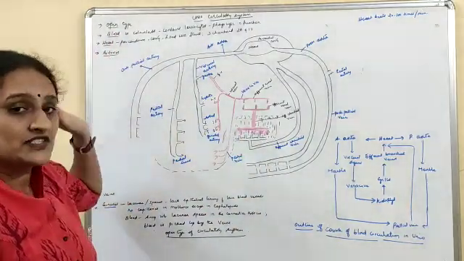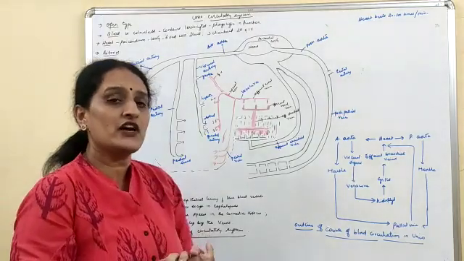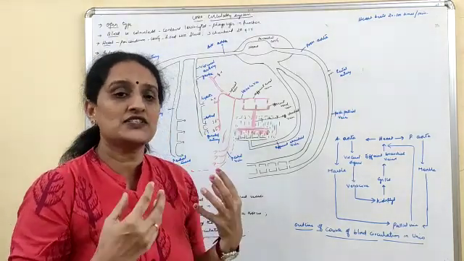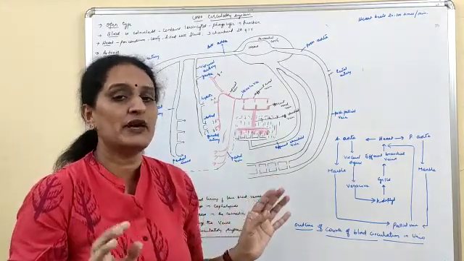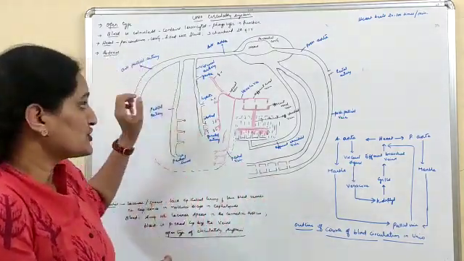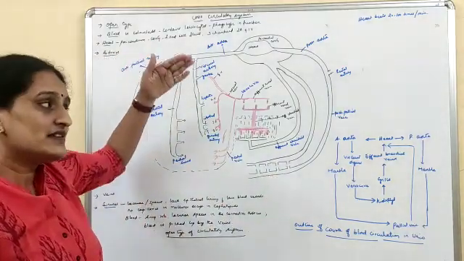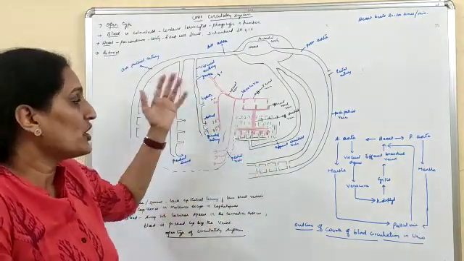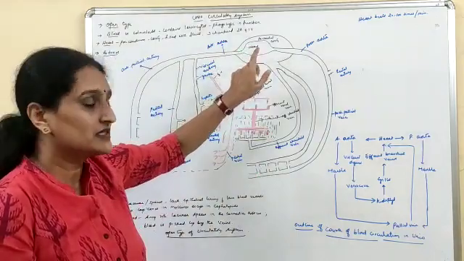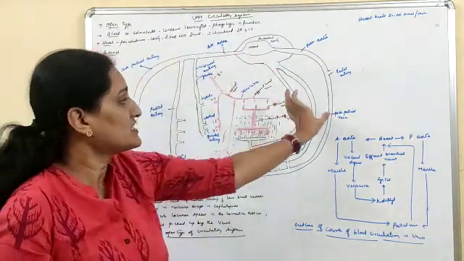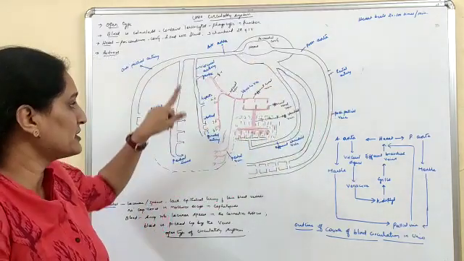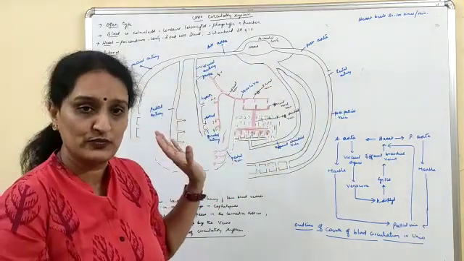Coming to the arteries. Now, what is the main function of an artery? Generally, arteries carry oxygenated blood from the heart to different parts of the body. Here also, there are a number of arteries that originate from the heart, and if you look at the diagram, this shows the main arteries that take blood to different parts of the body of an Unio.